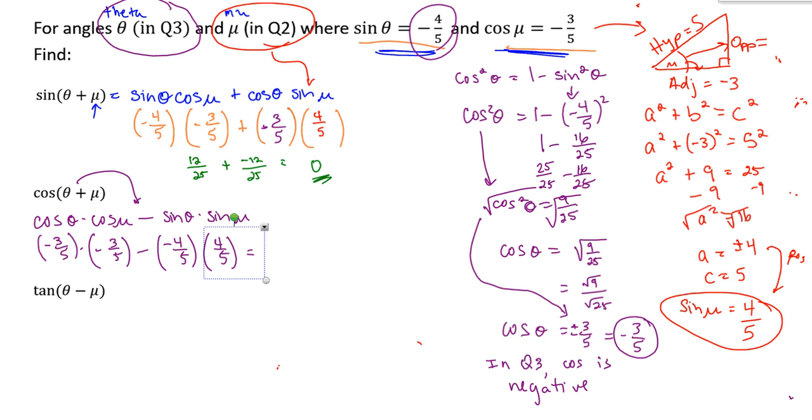So we've got negative 3 times negative 3, that's negative, nope, positive. Negative times negative is a positive. 9 over 25 minus 16 over 25. Oh, minus a negative 16 over 25, so plus, 25 over 25 equals 1.